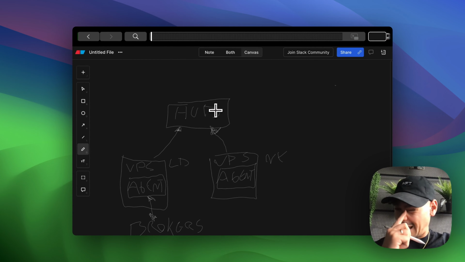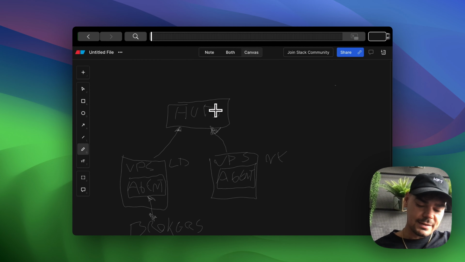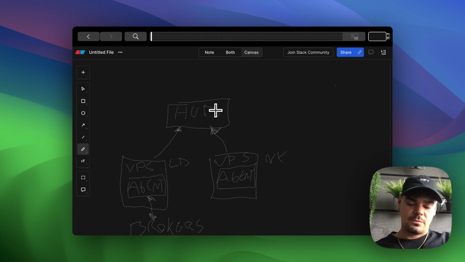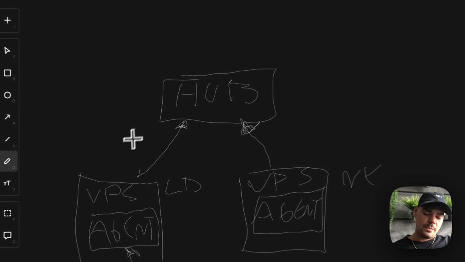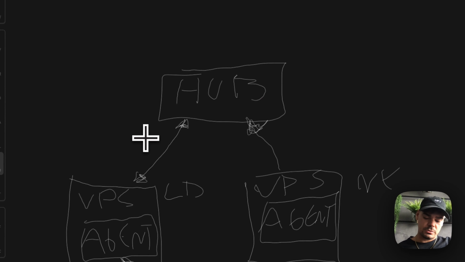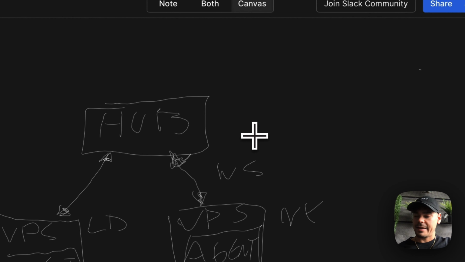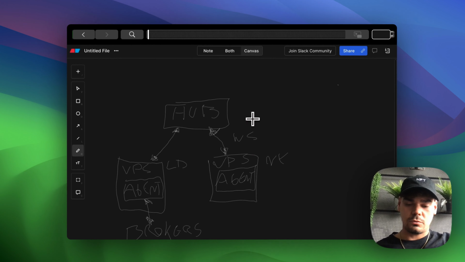Then the hub sends a confirmation that it recognizes this IP and this computer, and they open a WebSocket real-time communication. And they can send messages to each other.